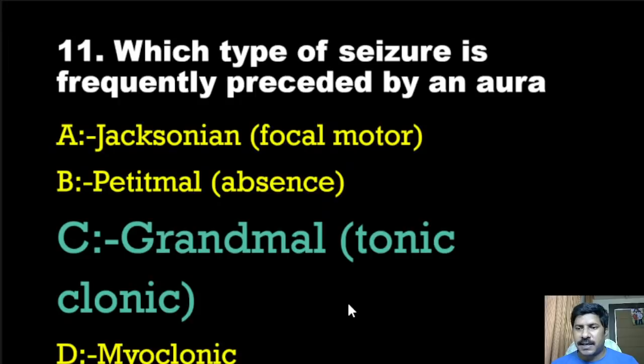There are some other terms to understand before seizures. First term is tonic. What do you mean by tonic? Tonic means the muscles in the body become stiff. In some seizures, the patient's extremities or body parts will be very stiff.